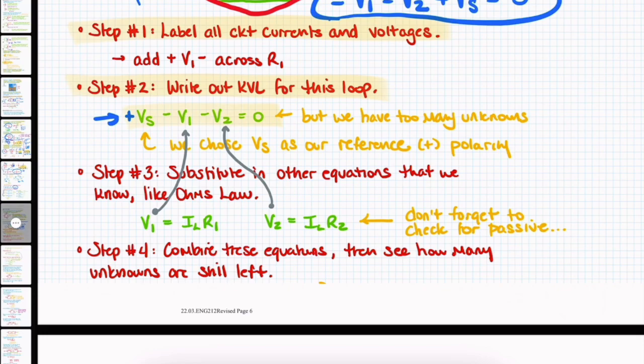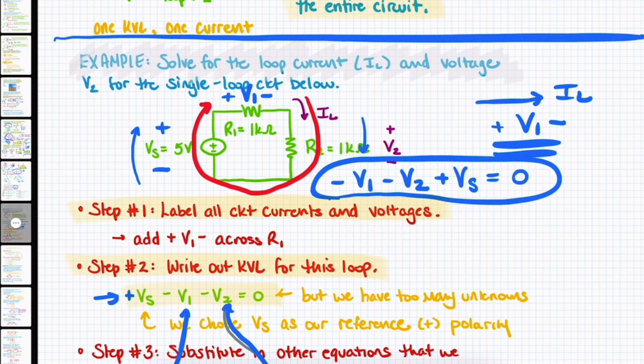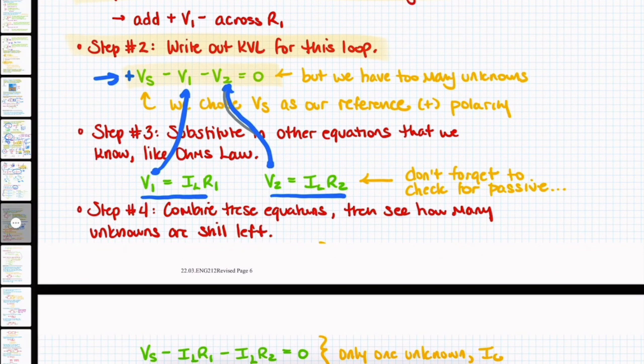Now, one way that is often used is substituting for Ohm's law. So we can use Ohm's law to define V1 and V2 and then sub them into the equation above. Remember that up here, when we looked at the direction of IL, we defined the polarity of V2 and V1 both such that they obeyed passive sign convention. Again, if we consider V1 and IL or V2 and IL, that means that V equals IR, so V1 equals IL R1, V2 equals IL R2.